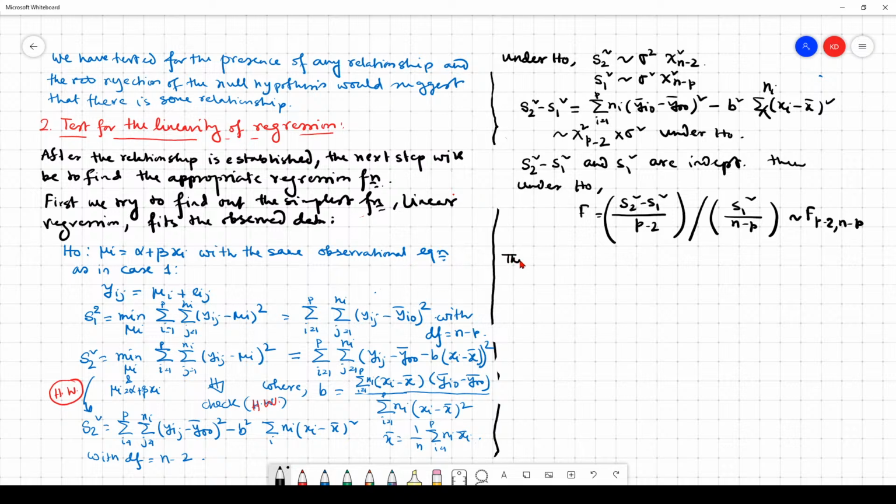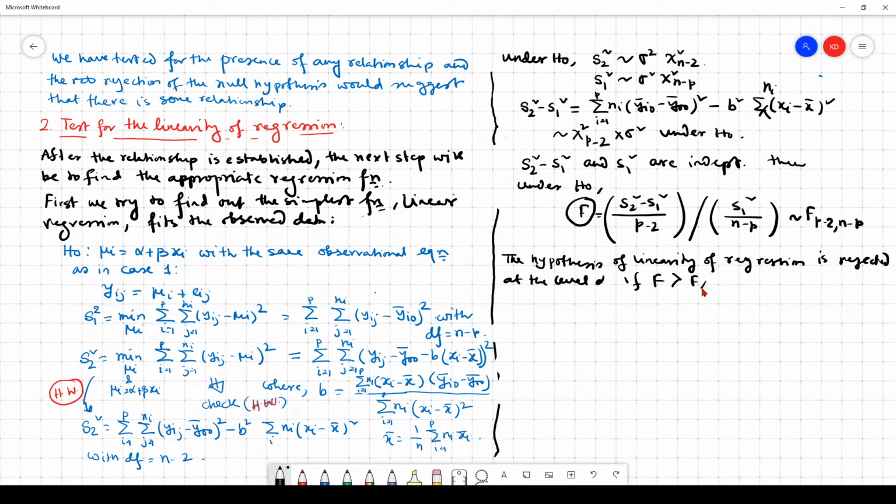The hypothesis of linearity of regression is rejected at the level alpha if this F is greater than F alpha, p minus 2, n minus p degrees of freedom.